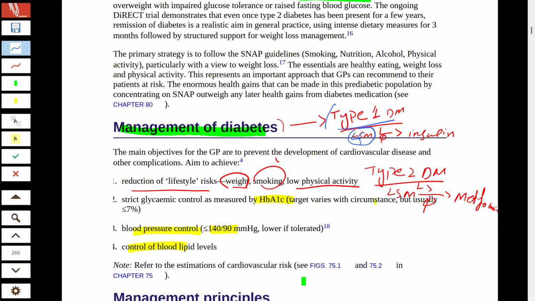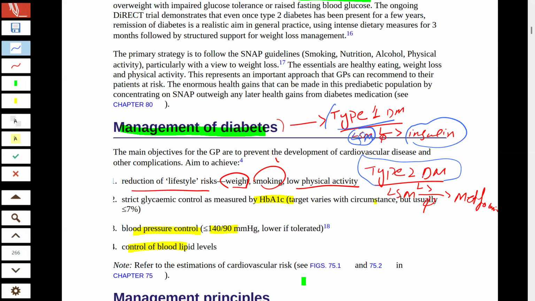LSM, lifestyle modification. If lifestyle modification is ineffective, then we will add insulin in type 1, because in type 1 there is deficiency of insulin due to the autoantibody against beta cells of the pancreas. And in type 2 diabetes mellitus, the insulin production is not the problem.